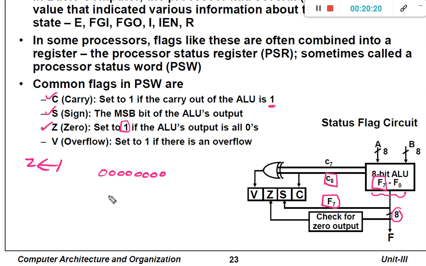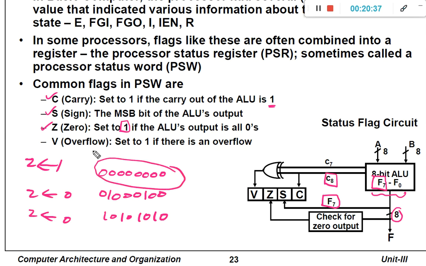If these values are other than 0, for example 0 1 0 0 0 1 0 0, then the Z value will be 0. Similarly 1 0 1 0 1 0 1 0, then the Z value will be 0. So if all the values are 0, then the Z value will be set to 1. If other than 0, then the Z value will be set to 0.